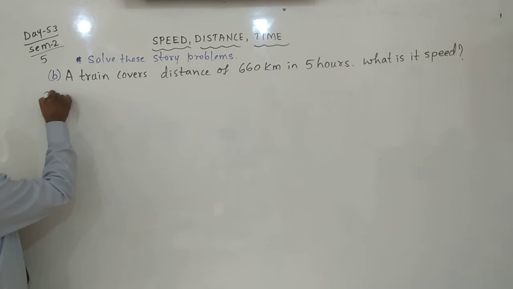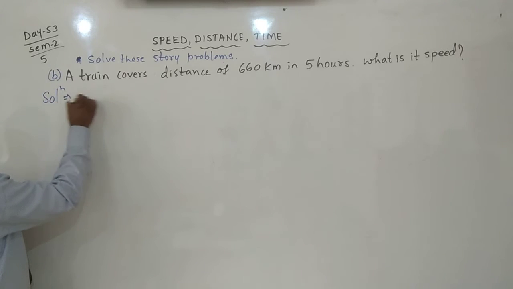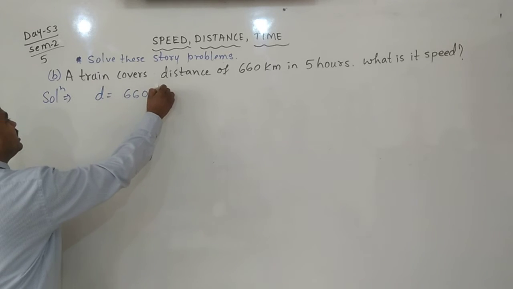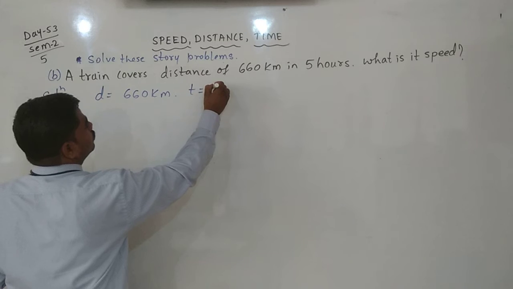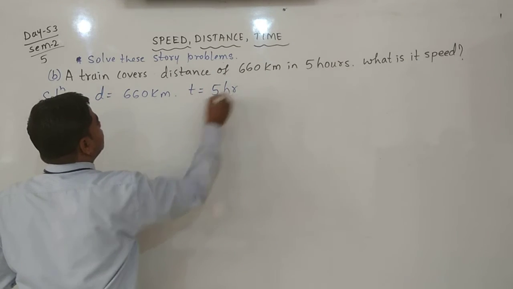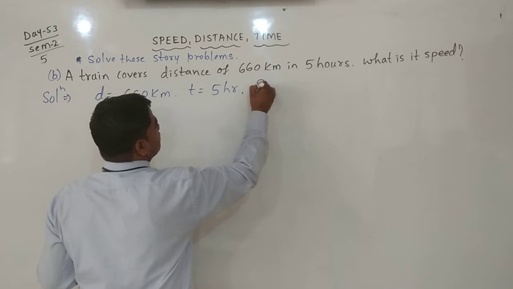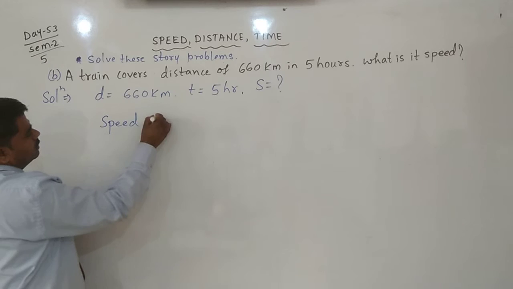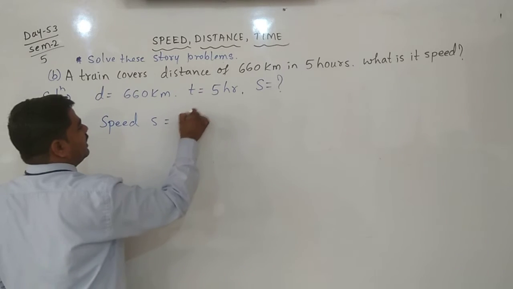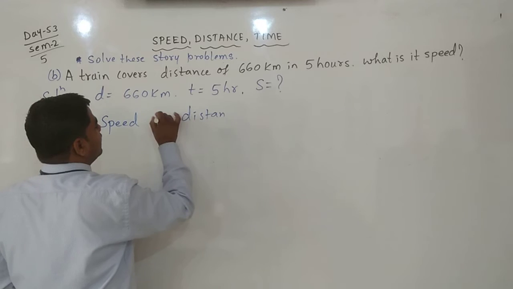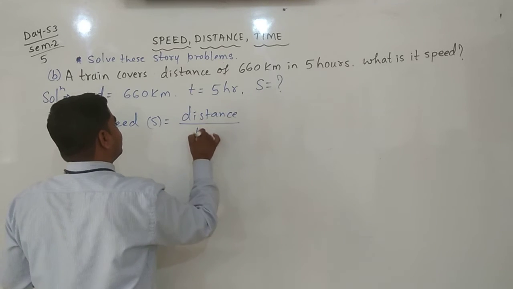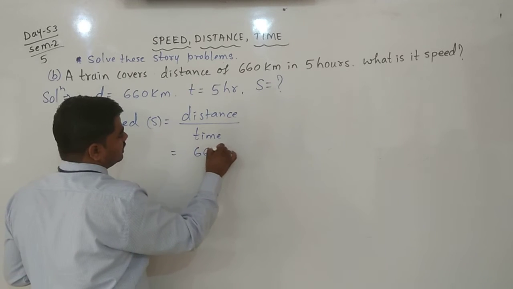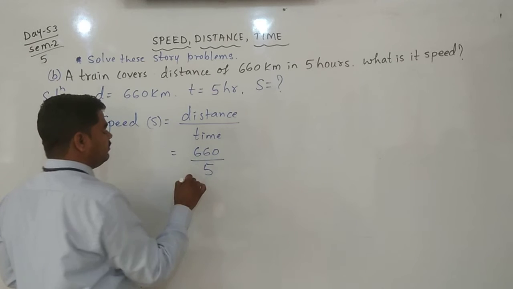Find the solution. Here the distance given is d equal to 660 kilometers and time given is t equal to 5 hours. Then you should calculate speed s equal to question mark. We know speed s is equal to distance by time, so 660 kilometers divided by 5 hours.